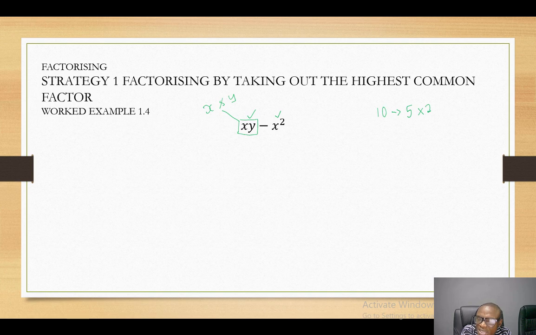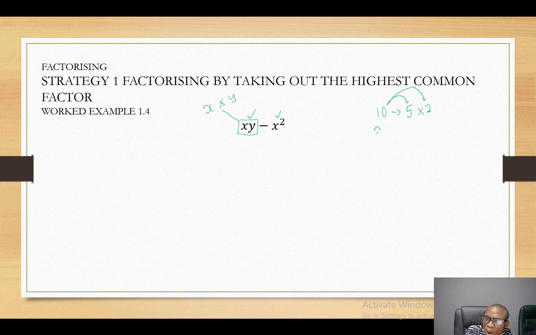So now you can easily see the factors of 10. The factors of 10, one amongst others, it is 5, and the other factor is 2. So how did I find the factors of 10? By looking at two numbers, which when I multiply, they give me 10. And now I say those two numbers, they are the factors of 10.